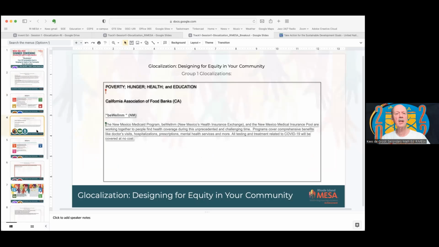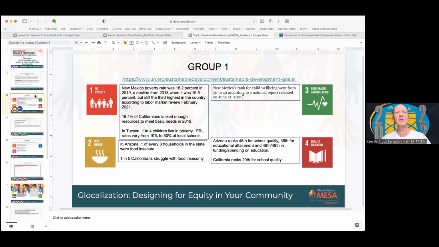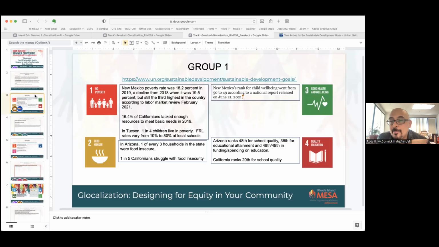So was there anything that stood out that you found? Did you say, whoa, I wasn't aware of that? Or any particular issue that you think is very useful in a MESA context? I think for the time that we had, it was just a recognition of some great problems that are having an impact locally.